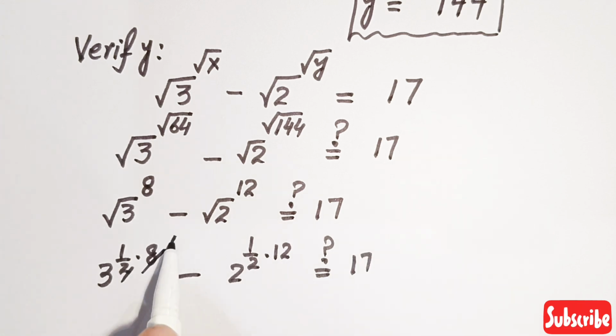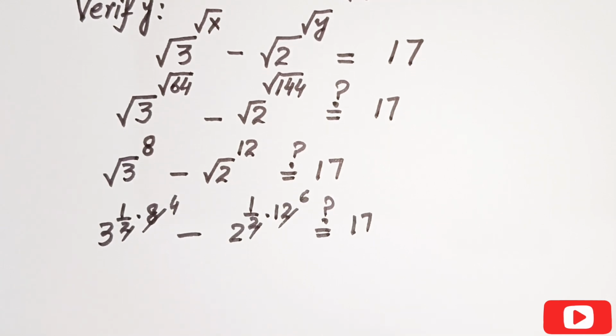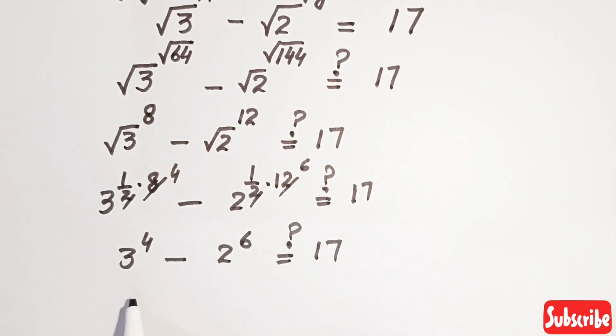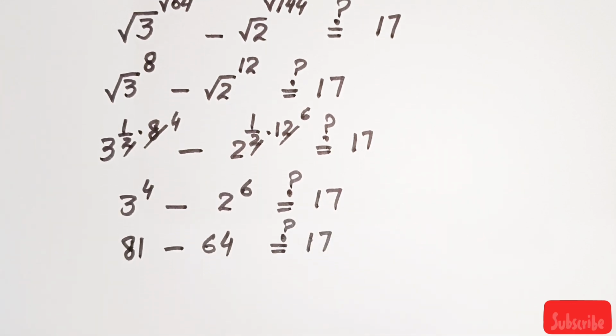So 2 ones are 2, 2 fours are 8. Here 2 ones are 2, 2 sixes are 12. So we have 3 to the power 4 minus 2 to the power 6. Is it equal to 17? Now 3 to the power 4 is equal to 81 and 2 to the power 6 is equal to 64. So when we subtract 64 from 81, we get 17.